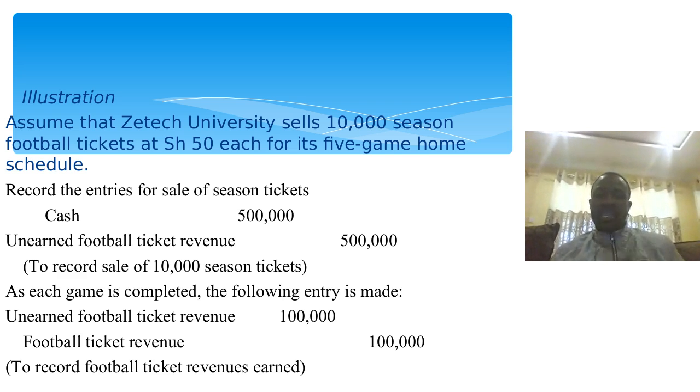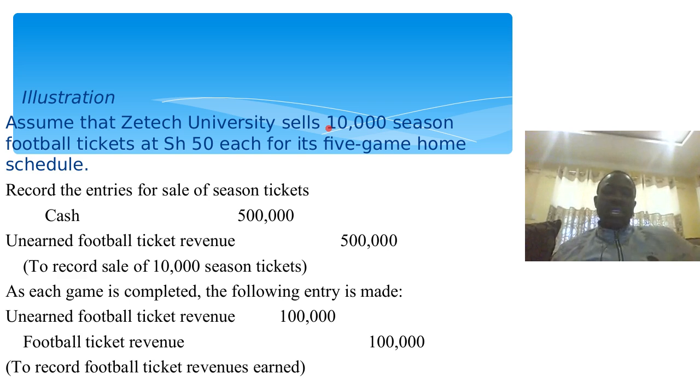That gives us 10. So remember, we have 10,000 fans who will be watching the games. So the 10,000 fans times the amount that is charged on each game, which is 10 shillings, that will be 10 shillings times 10,000.